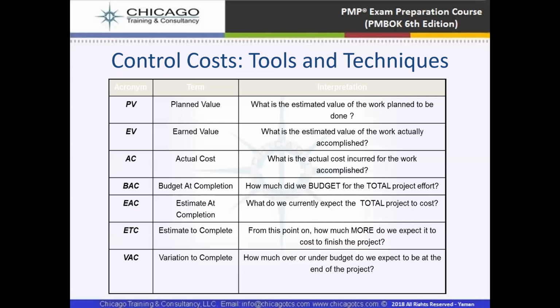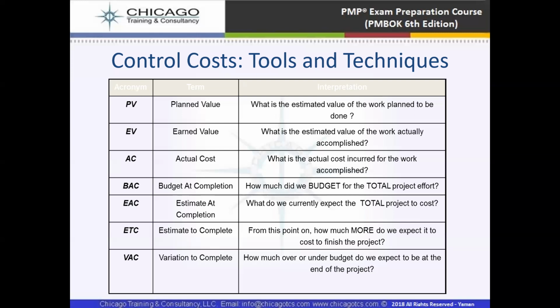Budget at completion is how much we budgeted for the total project effort. It means how much is the budget for the project. Estimate at completion is how we currently expect the total project to cost.